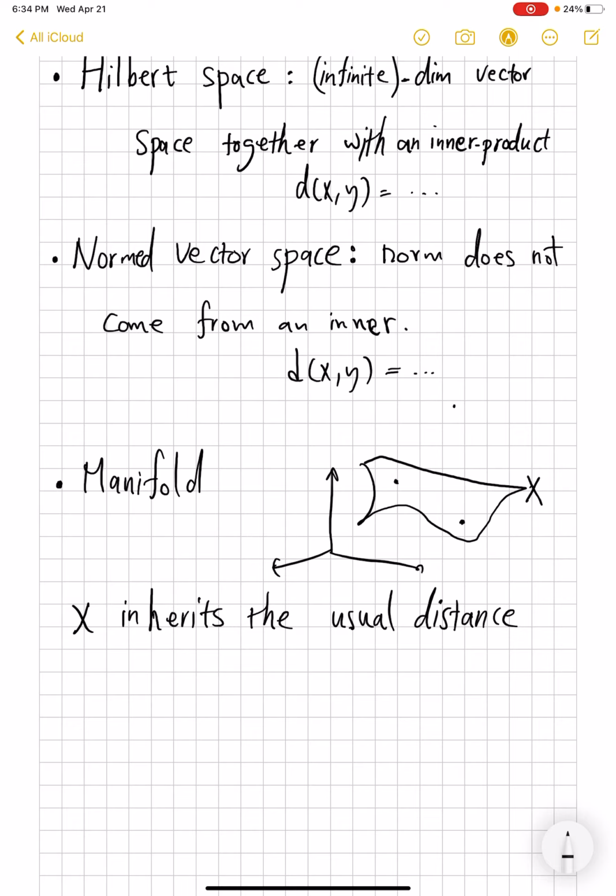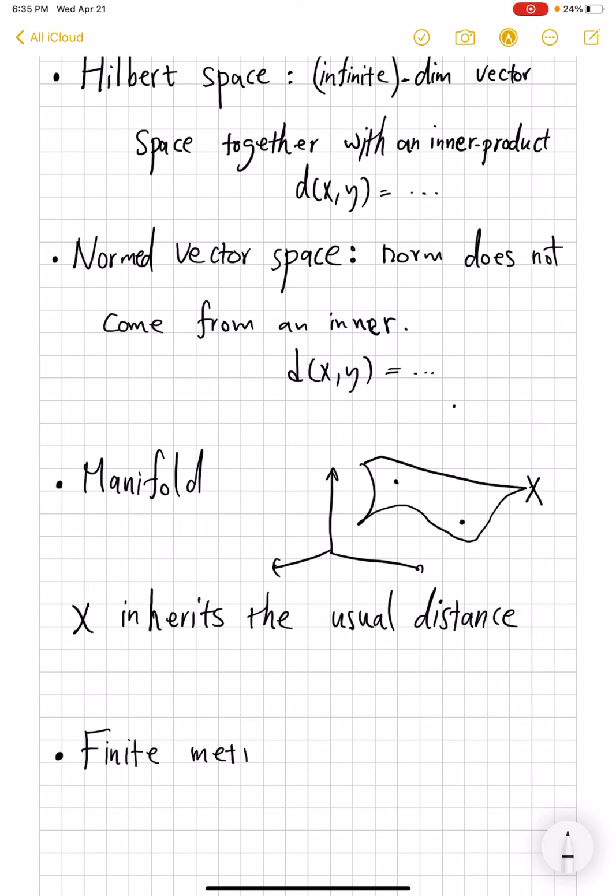Of course, a general manifold does not have to be embedded in R3, so you can think about an abstract manifold where even with cheating there is no notion of adding two vectors, two points in your space.